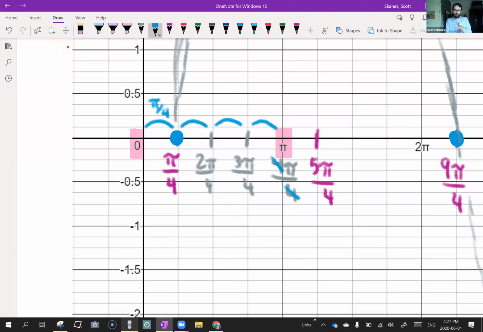Pi over 4 is the first one, 2 pi over 4, 3 pi over 4, 4 pi over 4, 5 pi over 4, 6 pi over 4, and so on until you fall asleep, right? So just find 2 nice, easy points, or find pi or something, just cut it up and then add it. Hopefully that's helpful.